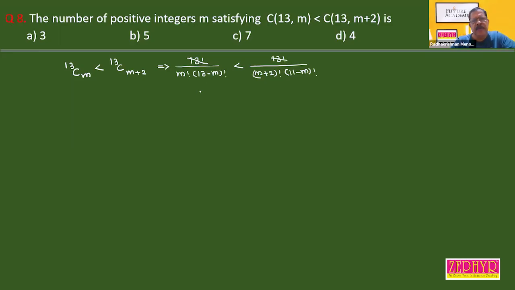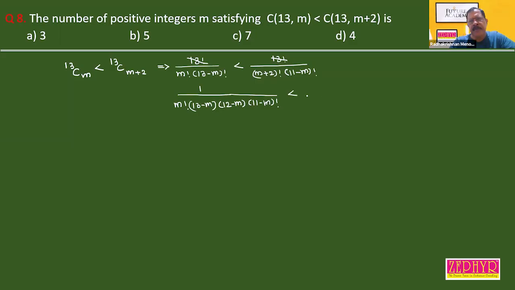Okay. Again, you can simplify. If you take the reciprocal, the denominator again you can simplify. m factorial I am writing as it is. This (13 minus m) factorial I am writing as (13 minus m) into (12 minus m) into (11 minus m) factorial. That is LHS.